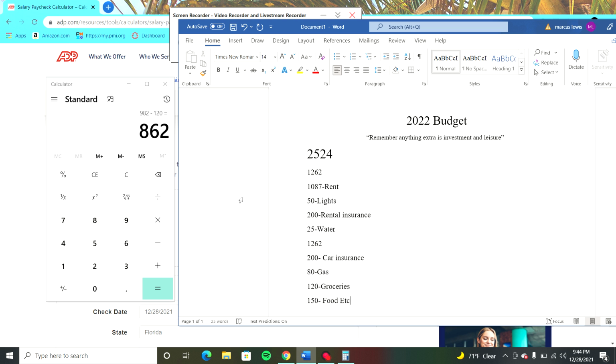That can also include if you buy wine or anything like that. You can include that in your groceries, or you can put that in food etc. So we're going to go ahead and take out 150. Now we have $700 to stretch for the whole month.